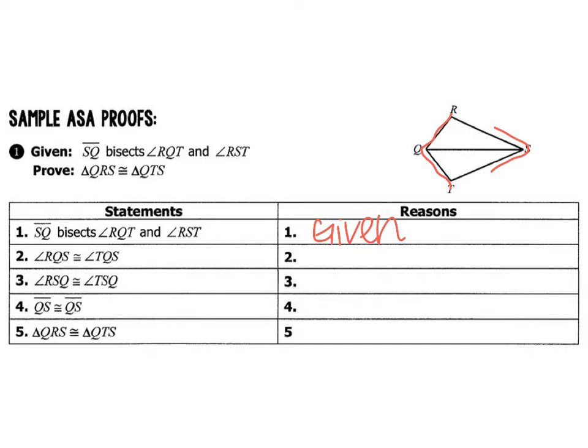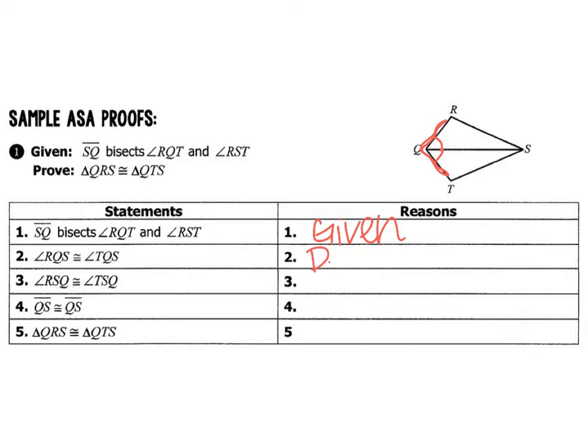So the first thing we can say is, if we know that QS bisects both of those angles, then we can say that RQS is congruent to TQS. The reason for that is that if QS bisects this angle, that is the definition of an angle bisector. It cuts the angle in half and makes both angles congruent to each other.